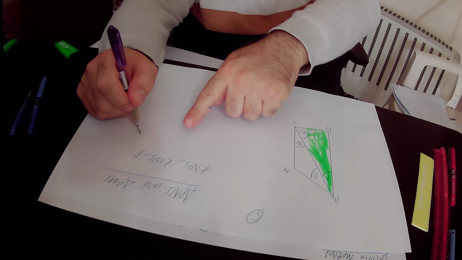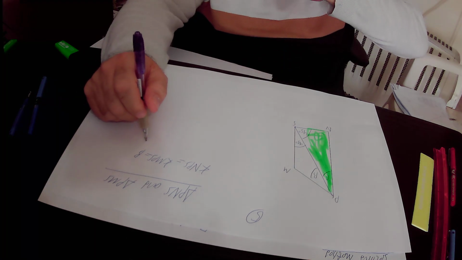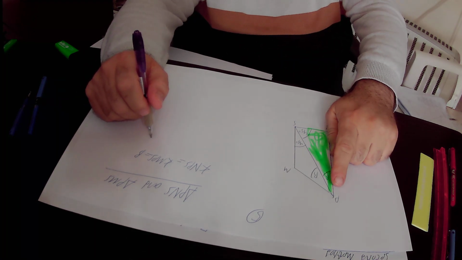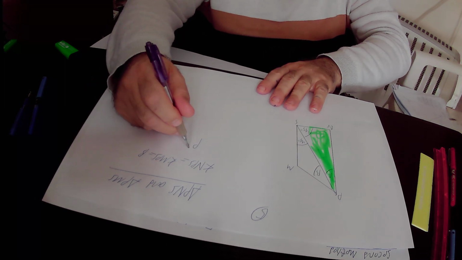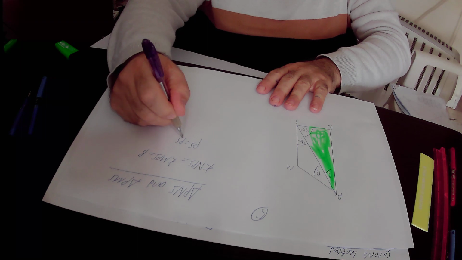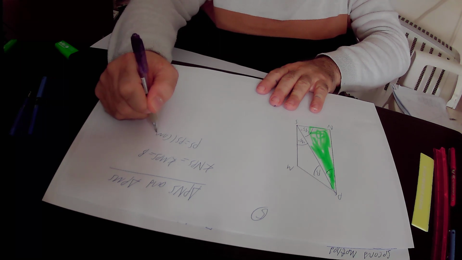So angle NPS equals angle MPS equals beta. We also have here a common side. PS is a common side, it belongs to both triangles, so PS equals PS is a common side that belongs to both triangles.